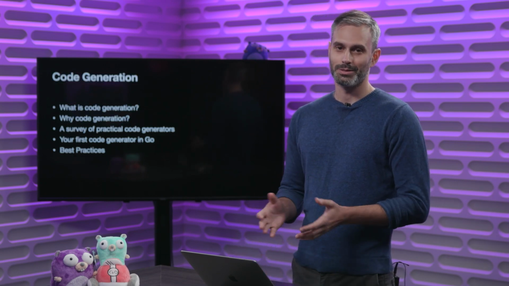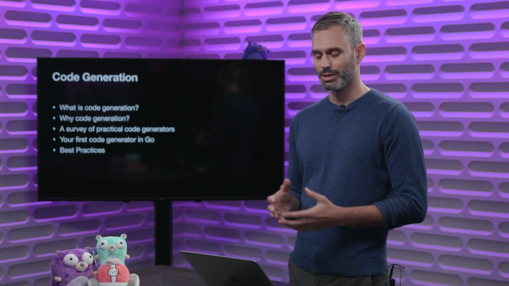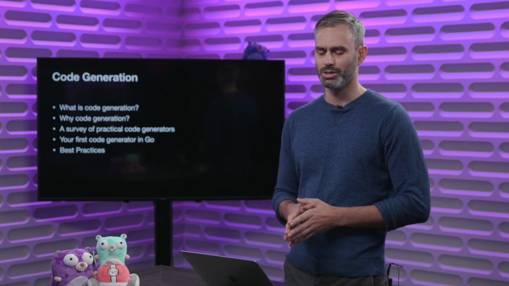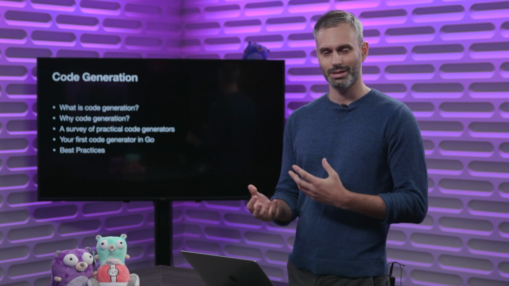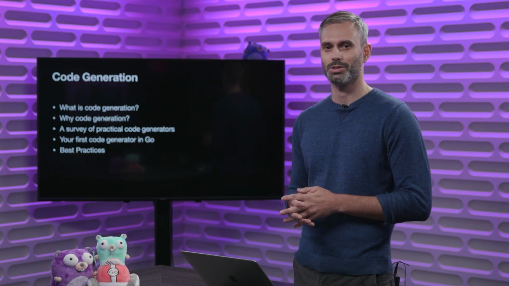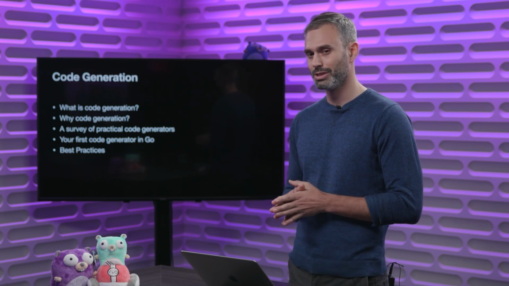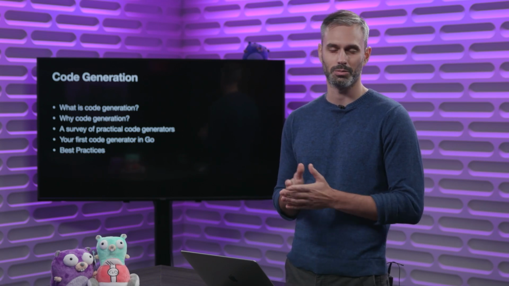What we're going to be going over today: we're going to start off by talking a little bit about what code generation is and why you might choose to use it. Then we'll get into the meat of the talk, surveying some of the practical applications of code generation, some of the popular tools in the ecosystem to do code generation, and talk a little bit about how to use them and why you might use them.